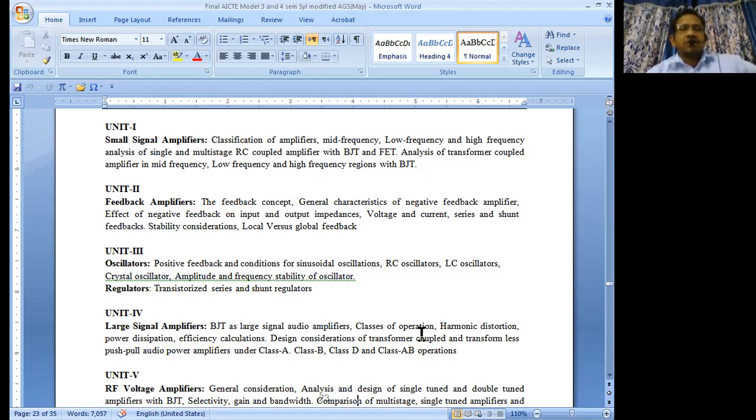The second unit covers feedback amplifiers. The third unit covers oscillators and regulators. The fourth unit covers large signal amplifiers, and the last unit covers RF, radio frequency voltage amplifiers. The basis for all these amplifiers is definitely unit number 1, the small signal amplifiers.